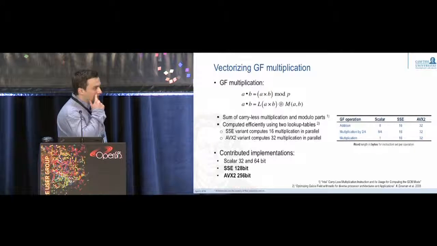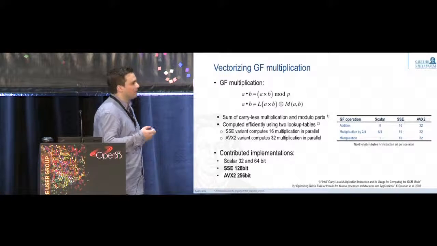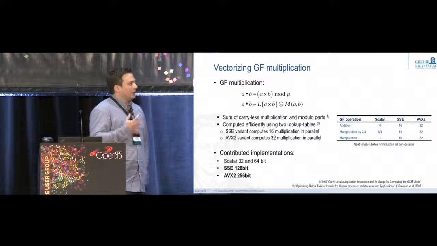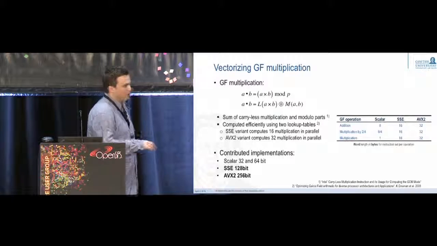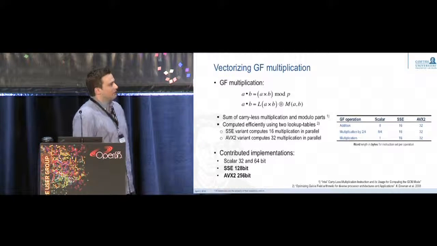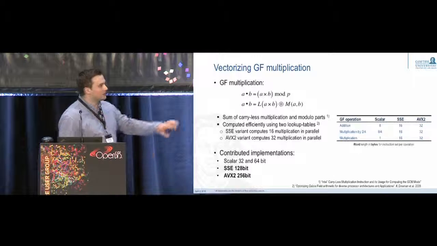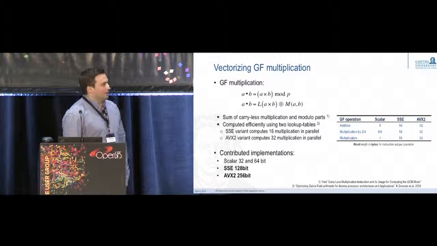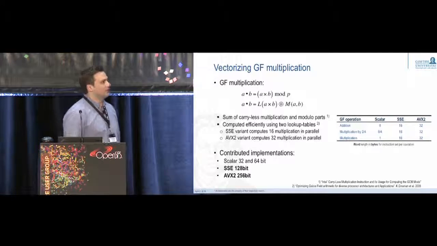With multiplication by 2 and 4, the scalar version is somewhat good, where SSE and AVX2 can perform constant time multiplication by full register size. But the issue with multiplication remains for the scalar version. We can only do 1 byte at a time, whereas with these lookup tables, we can perform full native register size for SSE and AVX2.